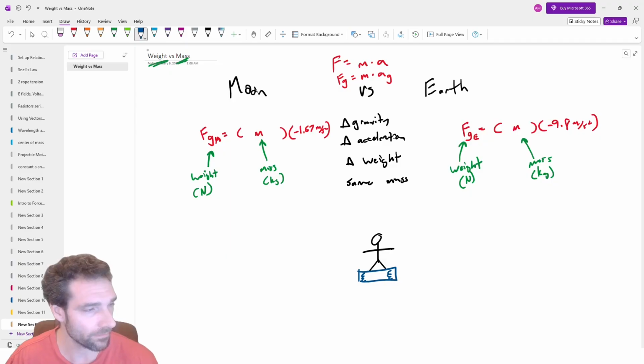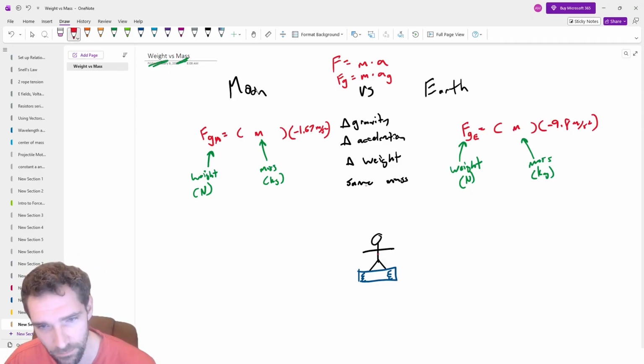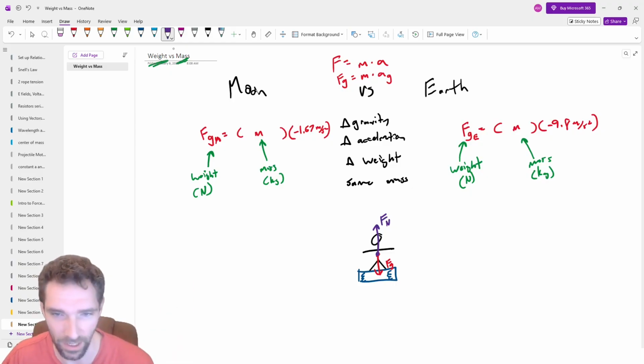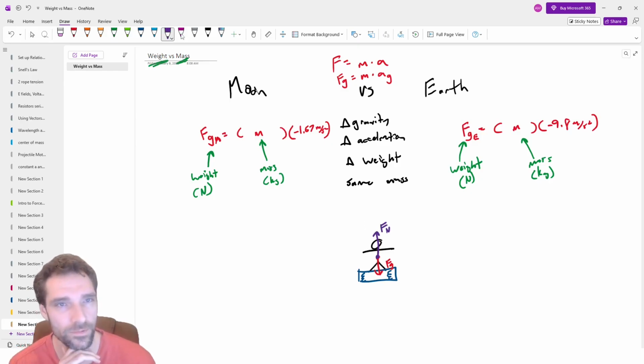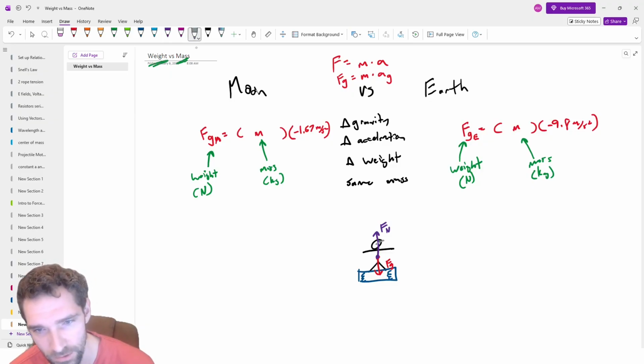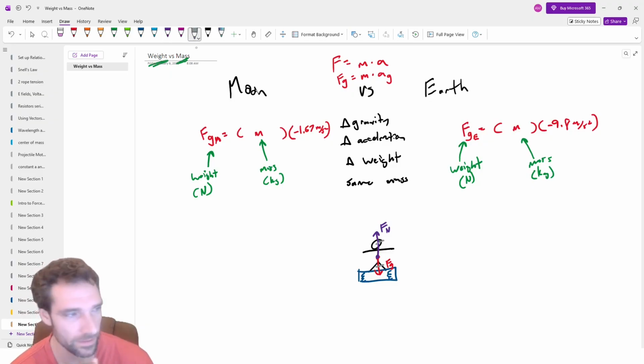So if you have gravity pulling you down a certain amount, that's the force of gravity downward, and then there's a normal force, which is how much the scale is pushing up. If we are talking about standing still, those two values should be equal and opposite to each other. So this normal force up should be equal to that force of gravity.